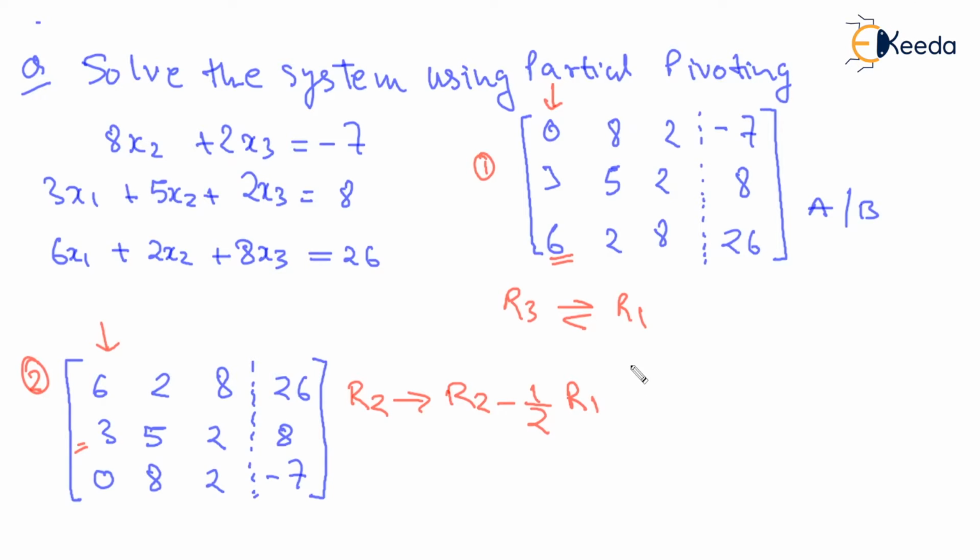First row remains as it is. This becomes 3 minus half of 6, which is 0; 5 minus half of 2 is 4; 2 minus half of 8 is -2; and 8 minus half of 26 is -5. The other row is as it is, 0, 8, 2, -7.